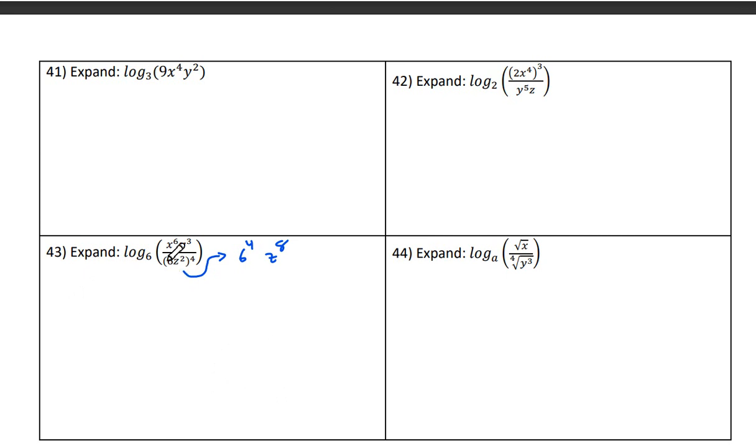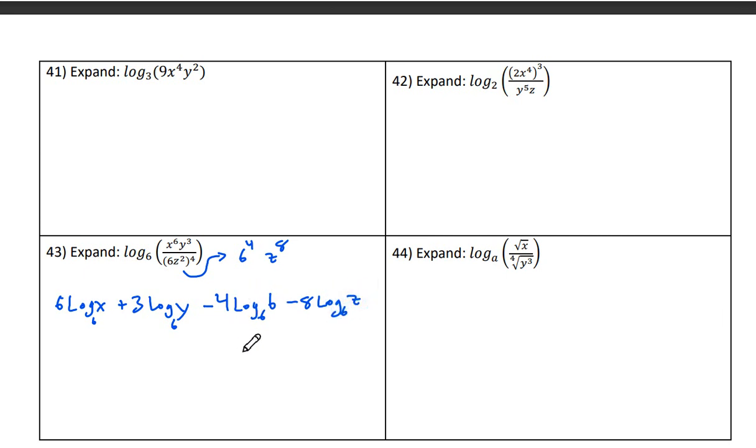Everything in the numerator is going to be a product rule, and we're dividing by whatever's in the denominator, so that would be a quotient rule. So 6 log x plus 3 log y minus, now this is what's in the denominator, 4 log base 6 of 6 minus 8 log base 6 of z. This is base 6 for all of these.